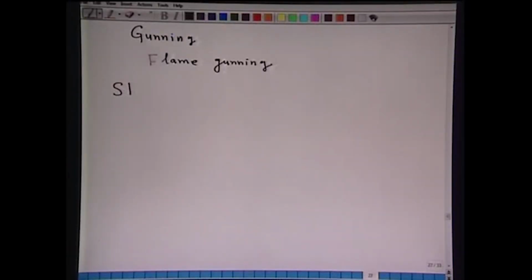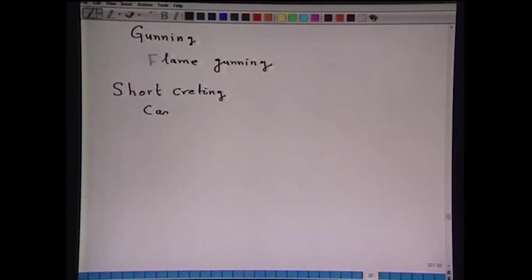Now, another important process is called shotcreting. In this particular process, the castables are pneumatically projected at high velocity onto a surface. I will write for you.